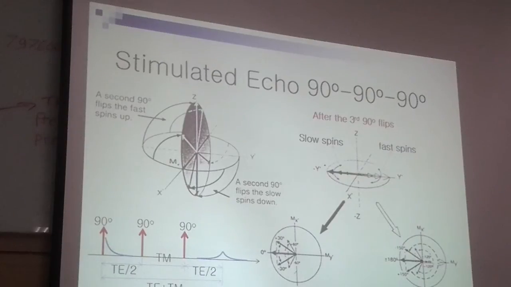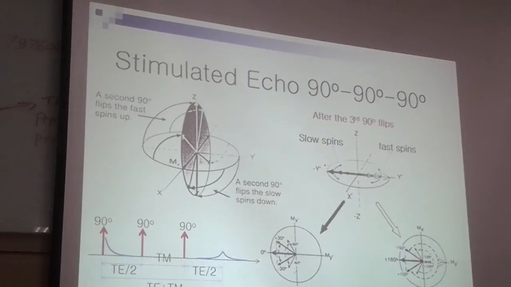Here we define the echo time in a different manner from the spin echo signal. In the spin echo signal, echo time is defined as the time interval between the first 90-degree RF pulse and the peak of the spin echo signal. But we call this echo signal a stimulated echo, which comes from the combination of three 90-degree RF pulses.